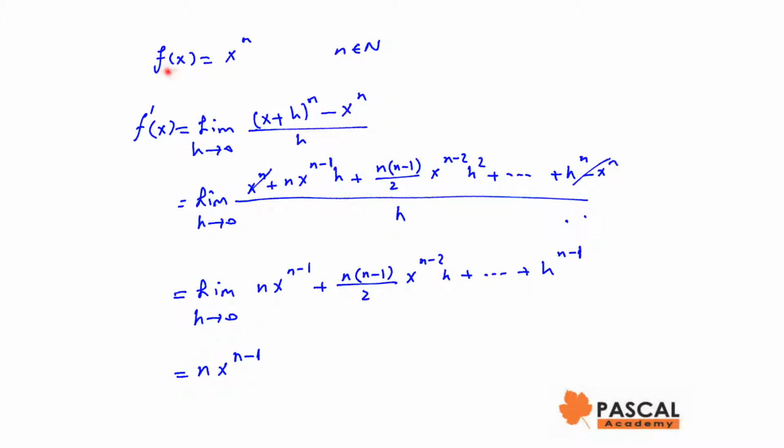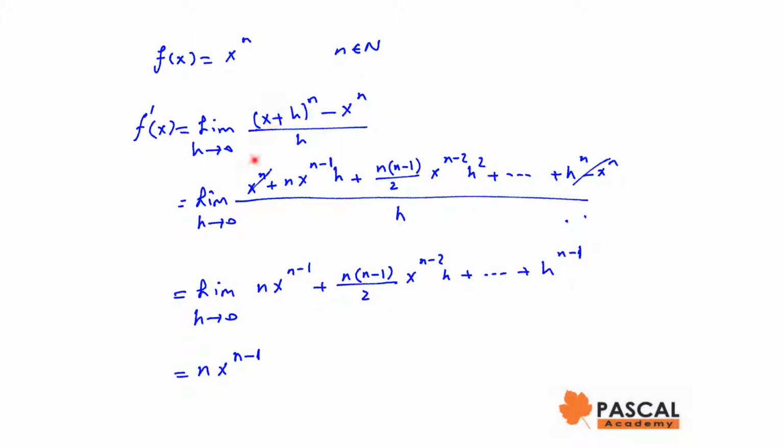The derivative of f of x equals x to the power of n, when n is a natural number, is the limit of x plus h to the power of n minus x^n over h as h approaches 0.